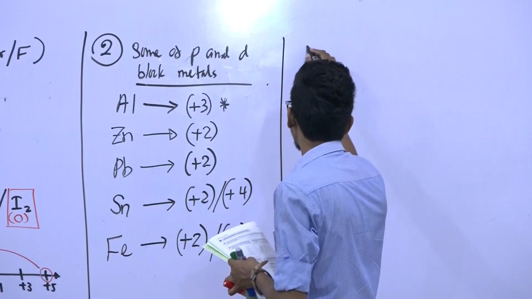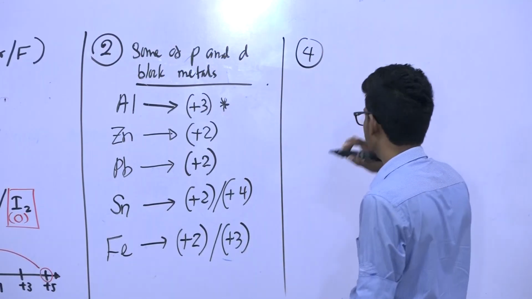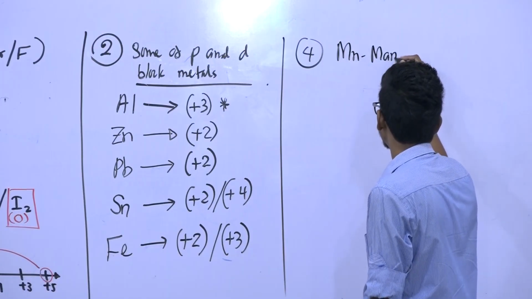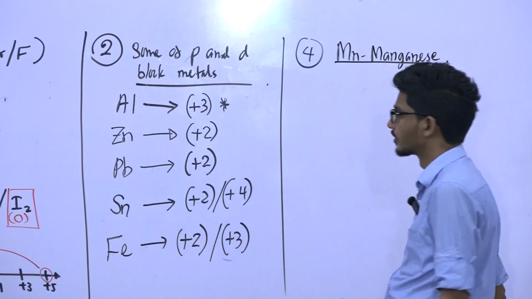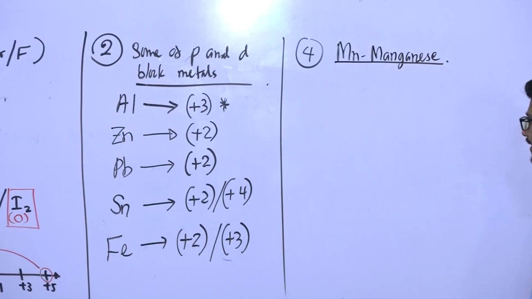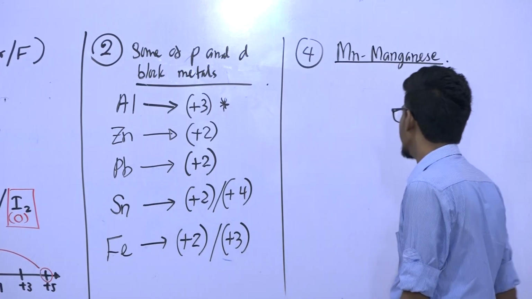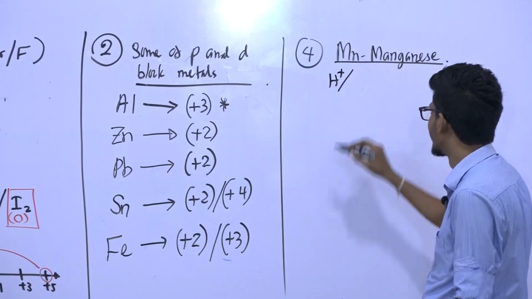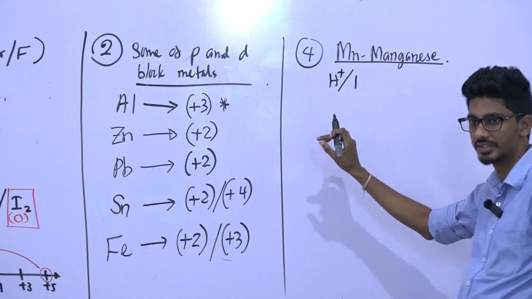Number 4 is about manganese in redox reactions, how it behaves. In acidic medium, manganese always prefers the +2 oxidation state as products.